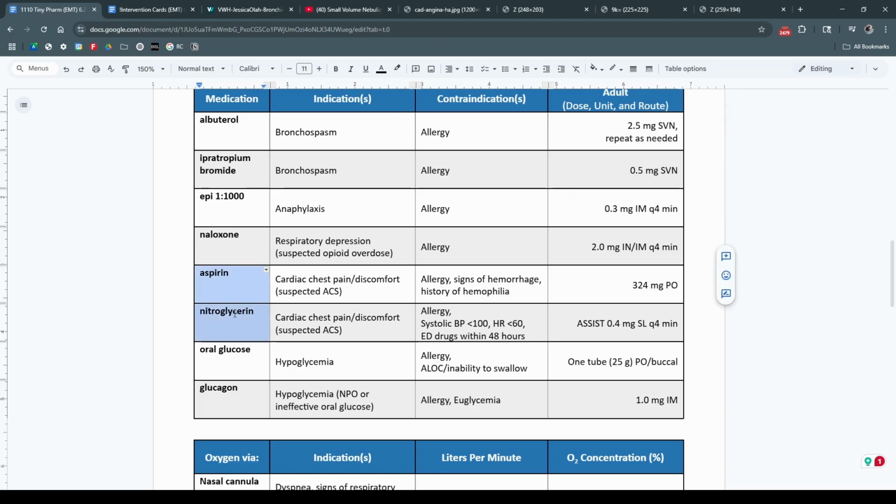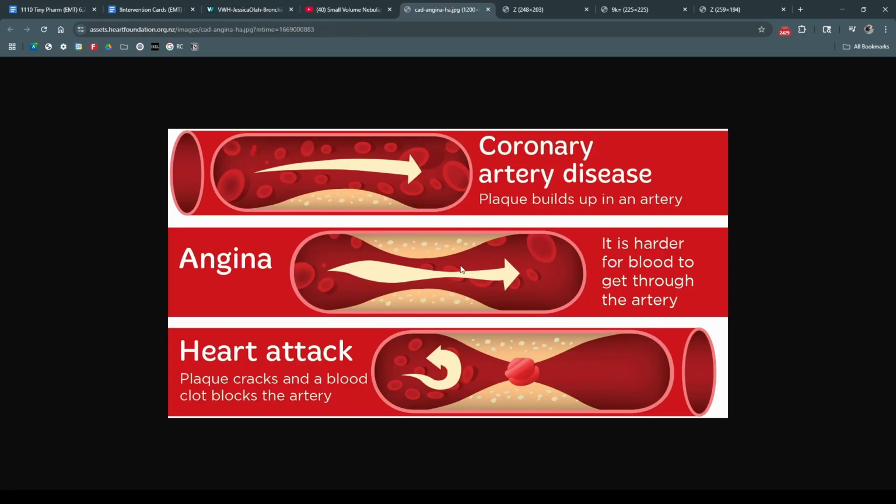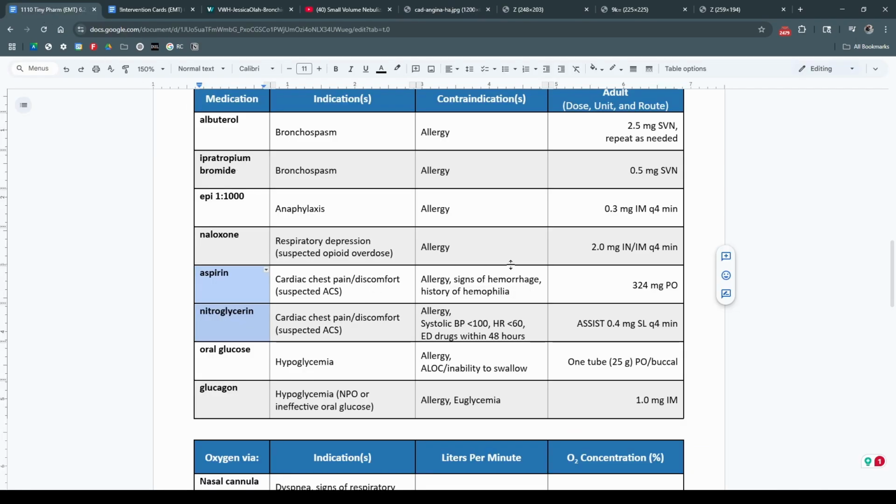Now, nitro is given just like aspirin in the sense of indication. We want to suspect ACS. Again, remember that this is aspirin and nitro for chest discomfort and weakness, whether it be coronary artery disease, a narrowed vessel, or an occluded vessel. In any case, we want to suspect that nitro and aspirin are going to be beneficial. Unlike aspirin, we have to be more cautious about people's use of other nitrates, or just what we call low preload problems.